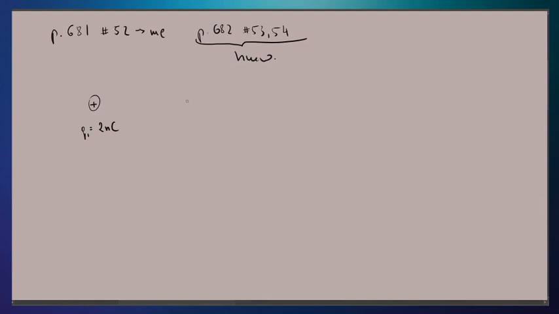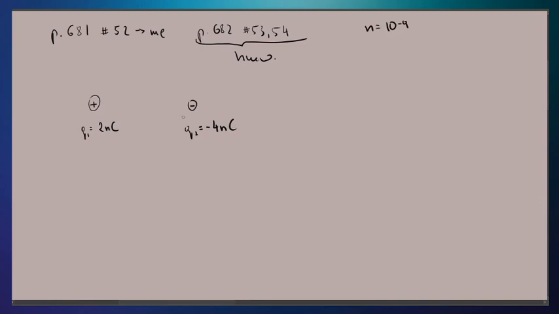Then you have a negative charge here. Let's label this as Q2, and this charge is 4 nanocoulombs, but it's -4 nanocoulombs. And then remember that nano is 10 to the -9th.